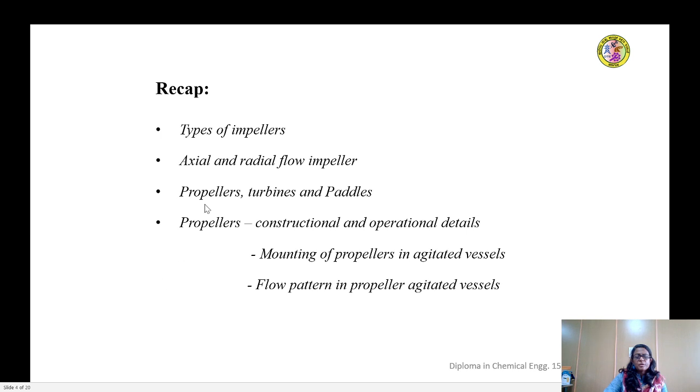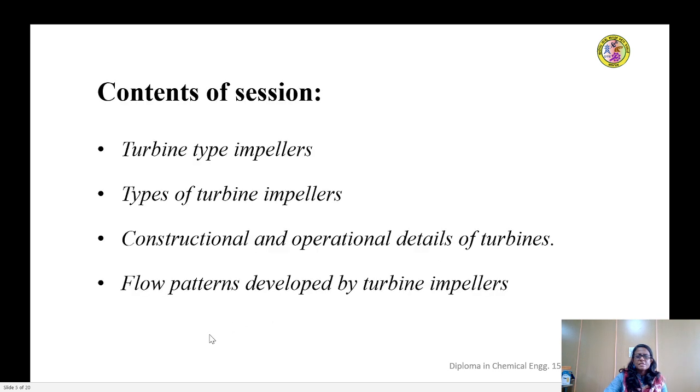We also learnt about the classification of impellers like propellers, turbines and paddles. Then we discussed in detail the constructional and working details of propeller type impellers and how we can mount the propellers in agitated vessels. And also we learnt about the type of flow pattern created by a propeller impeller in agitated vessels.